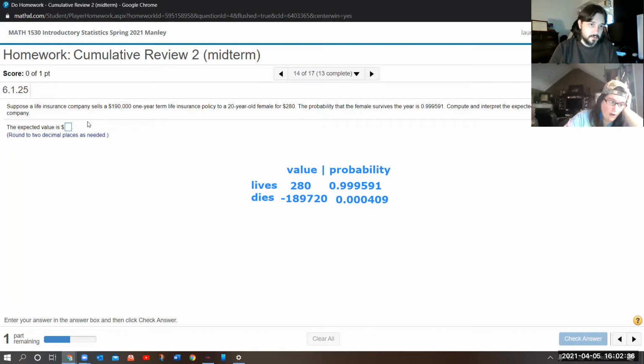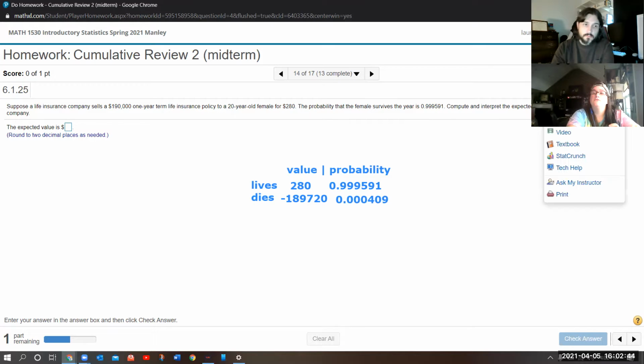All right, so this is what you're going to be putting into StatCrunch yourself. So go to question help in StatCrunch. And you don't need the words, just the numbers in the right places.